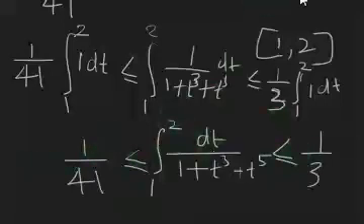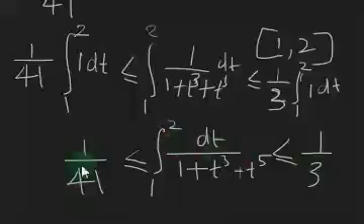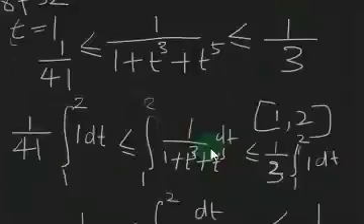But the question says this integral is equal to 1 over 42, which is false. That means this statement is not true, because the integral is between these two values. So you can justify your answer like this.